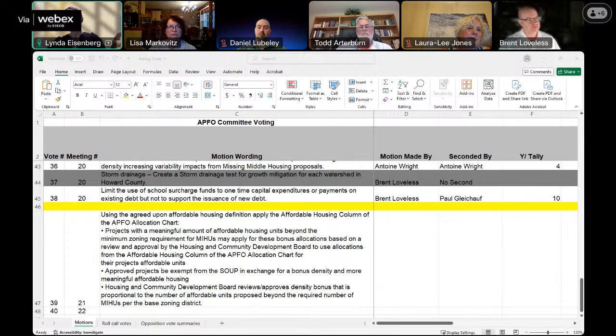Maybe it's a bonus density, or maybe the bonus is removing the SOUP for those additional 10 units, so they don't pay that same surcharge for them. So just figuring out ways to incentivize that, I think you can even have a cadre of incentives that you could offer up as part of your recommendation. I believe that's what they're trying to get at with this. Does that make sense? And I think Paul had a question.